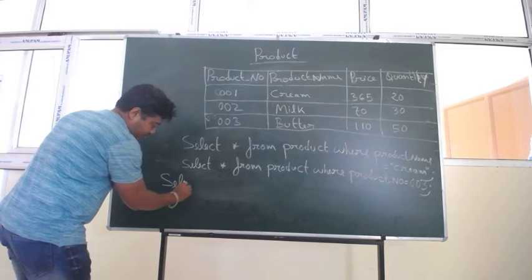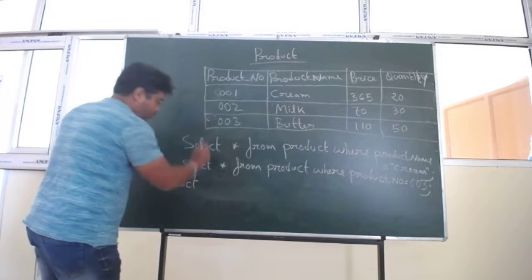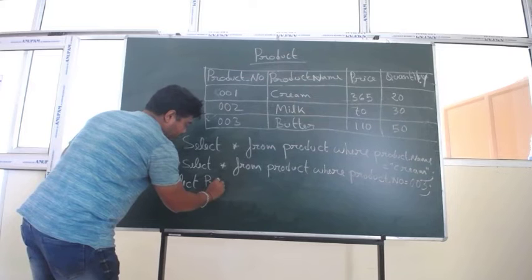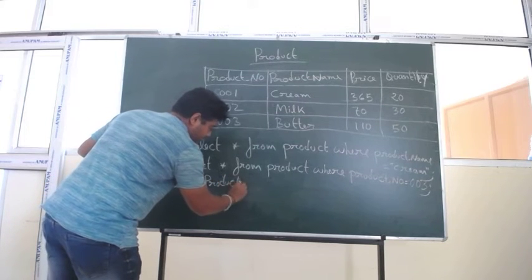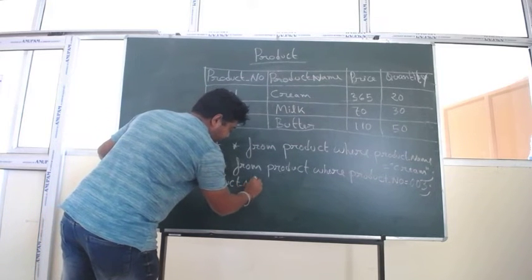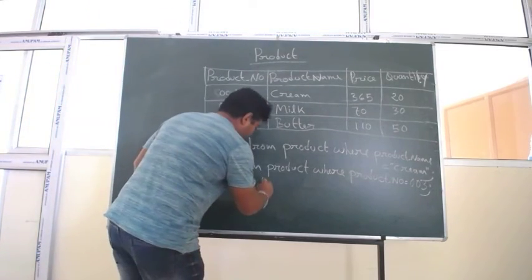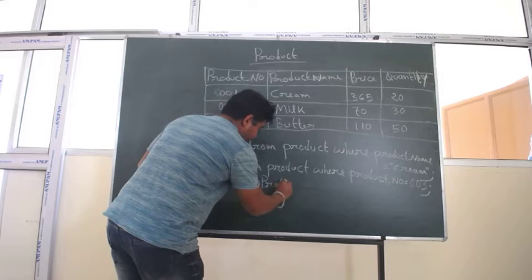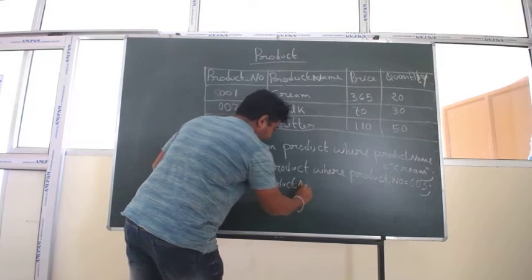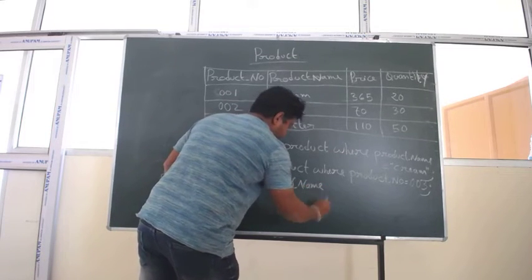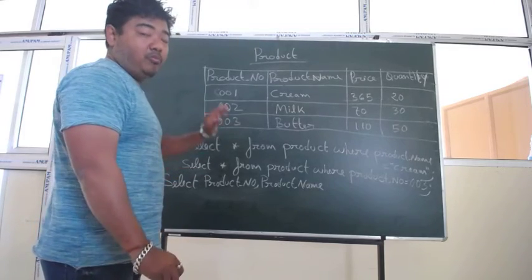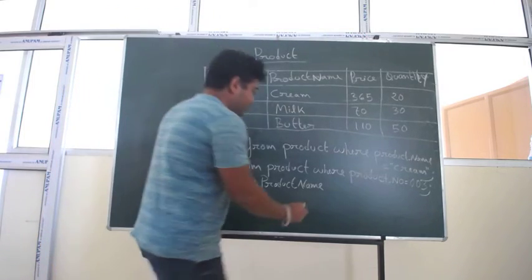Select product number, I want to show. So product number, then product name I want to see. So product name, from which table? From product table.